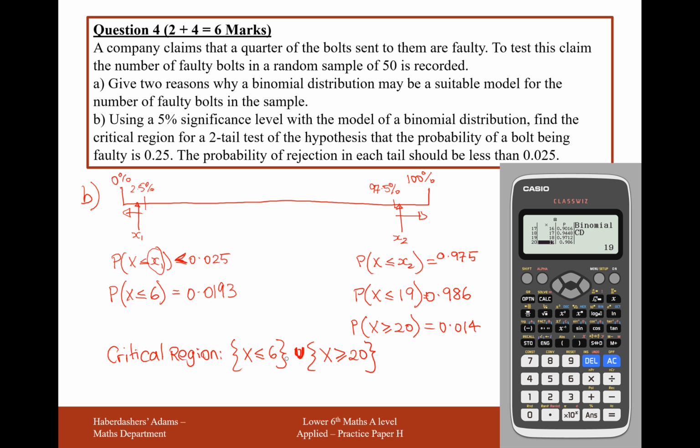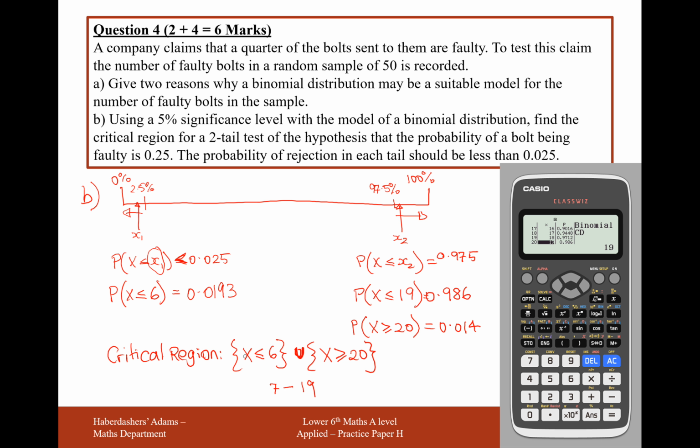Now that's saying anything in between 7 to 19, there is a more than likely probability that the probability of a bolt being faulty is 0.25. And I wouldn't be suspicious if out of these 50 bolts, between 7 to 19 failures happened. I would, however, be suspicious if 6 or fewer bolts failed that test out of 50, or 20 or more bolts failed that test out of 50.